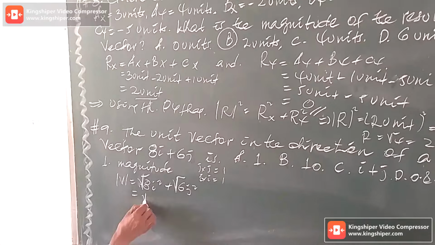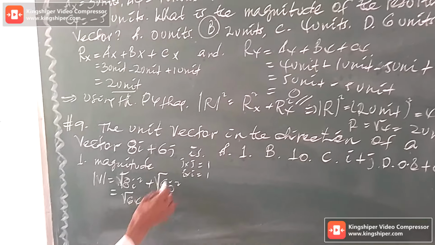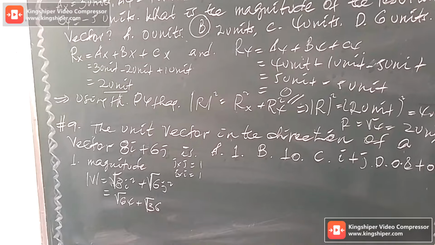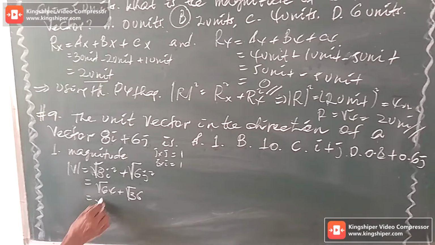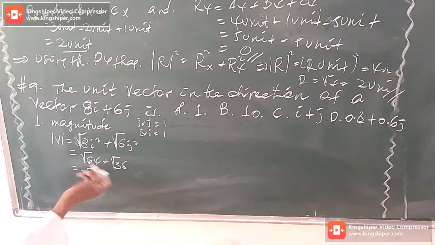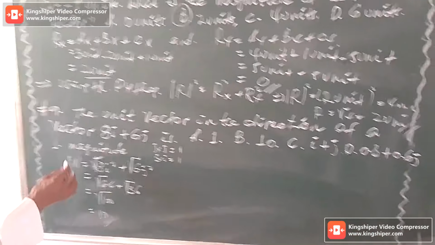The square of this is 64 plus the square of this is 36, isn't it? So this is the square root of the sum, which is 100, and the square root of 100 is 10.